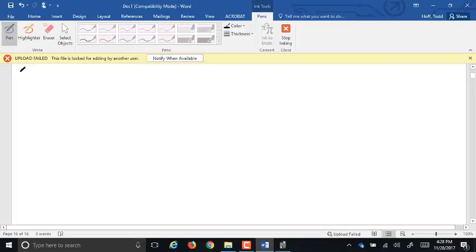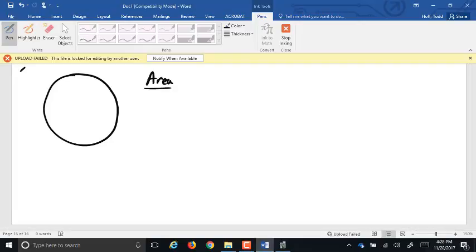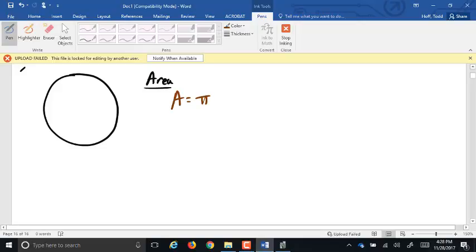Okay, so our next step is to tie the circles back into this with our area. Now, most of us know the formula for the area of a circle, that the area is pi times the radius squared.